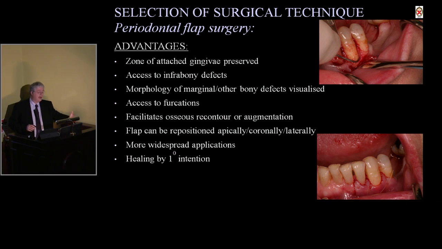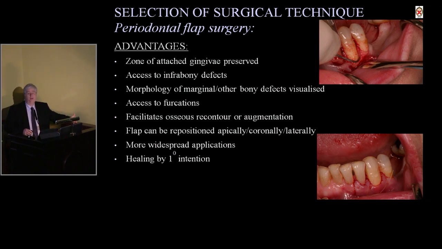tissue. We have access to infrabony defects. We can look at the morphology of bony defects. These can be visualized. We have access to furcations. We have facilities to carry out recontour of the bone or augmentation.